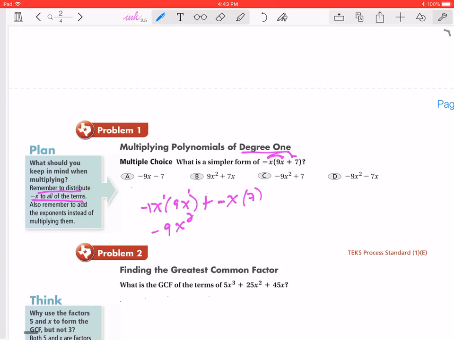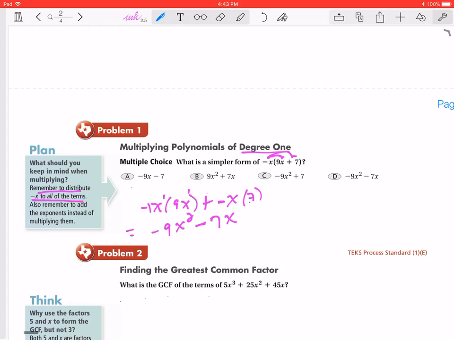Now again, I have plus a negative here, so if I have a negative times a positive, that's going to give me a negative in my answer. So that's going to be, again, negative 1x times 7, which is going to give me negative 7. So my answer for the expression is going to be negative 9x squared minus 7x.